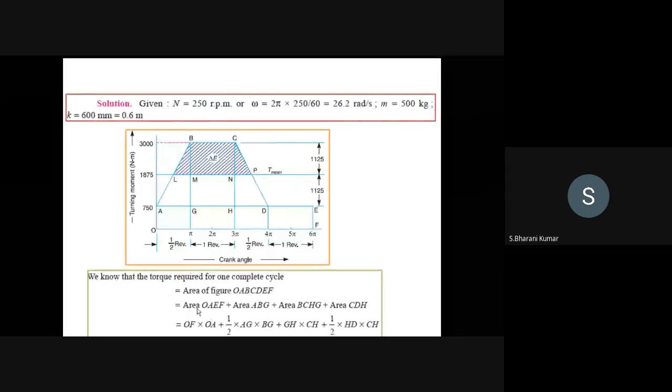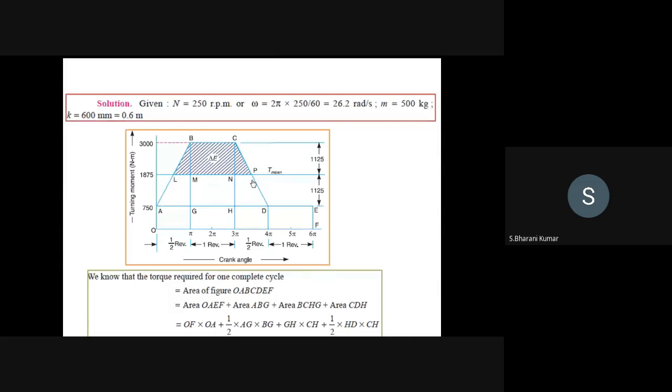And then area of ABG equals half into AG into BG, AG is the breadth, and BG is the height. Plus GH into CH, side by side, plus half into HD into CH, HD is the breadth, and CH is the height.